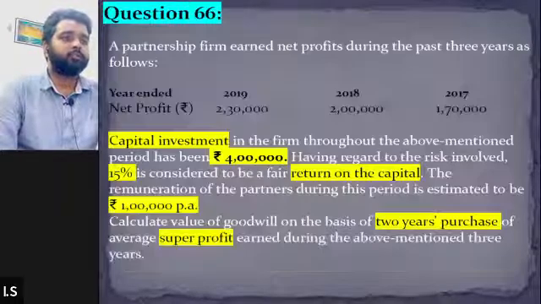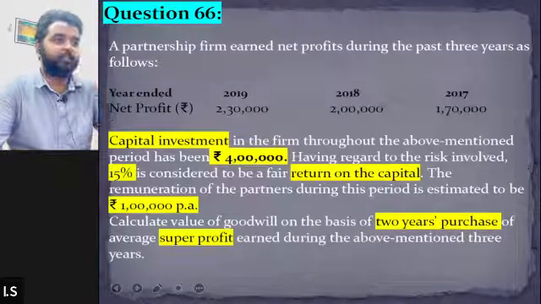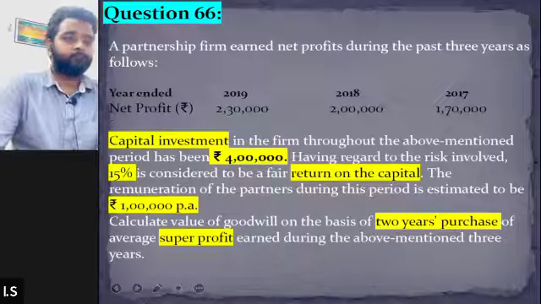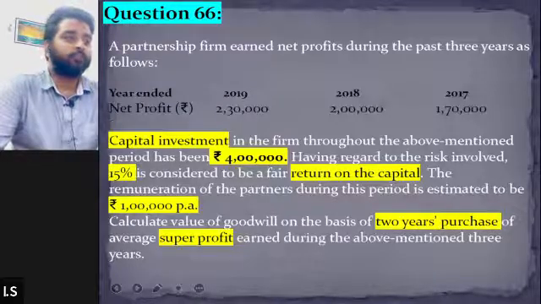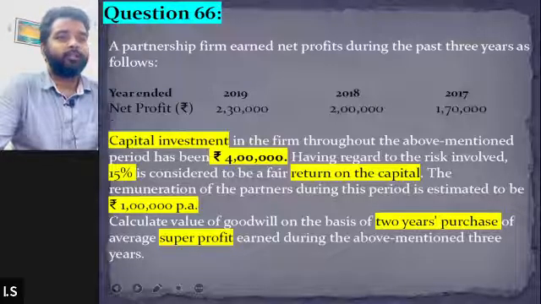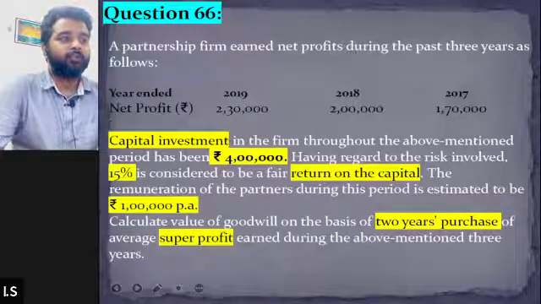Question number 66. So question 66 is saying that a partnership firm earned a net profit during the past 3 years, year ended 2019, 18 and 2017. So the profit of the last 3 years is given to us.